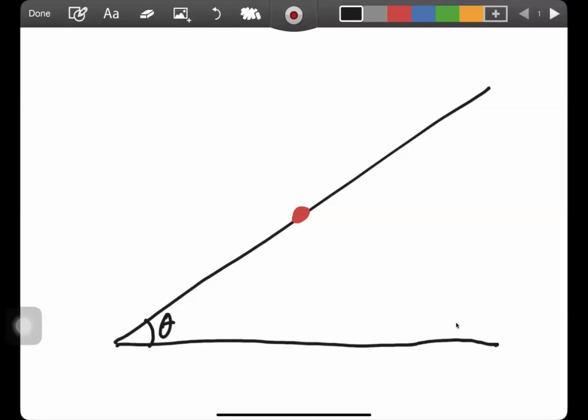All right, so just because it's at an incline doesn't mean that the gravitational force isn't still pulling on this mass towards the center of the Earth. So I'm going to draw a downward mg. Okay, it's just like in the previous case, it's still straight down. However, let's say we were interested in solving a problem where we had motion along the incline.